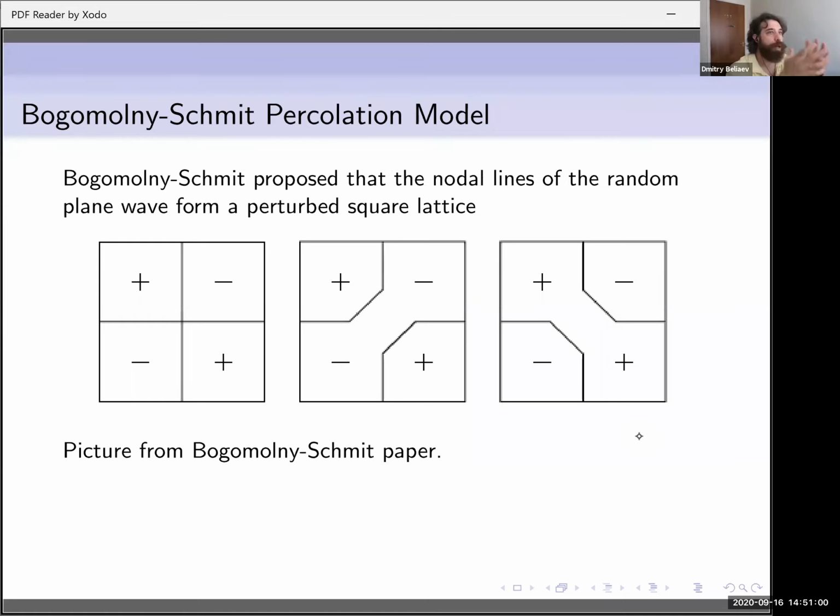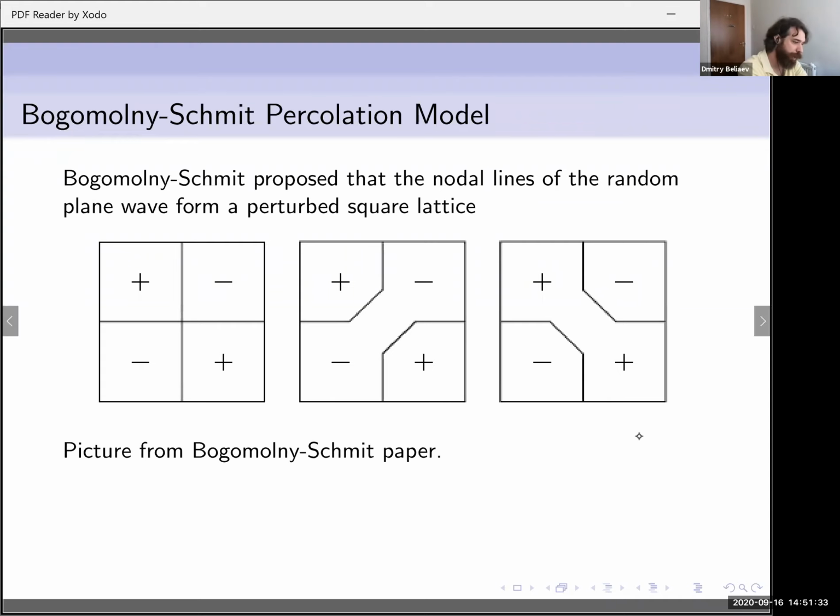And another big contribution was made by two physicists, Bogomolny and Schmit. So they were interested in this Berry conjecture. They were mostly interested in random plane waves. And they proposed the following argument, that on average, nodal lines look like a square lattice.